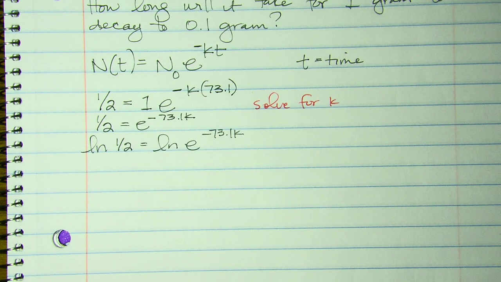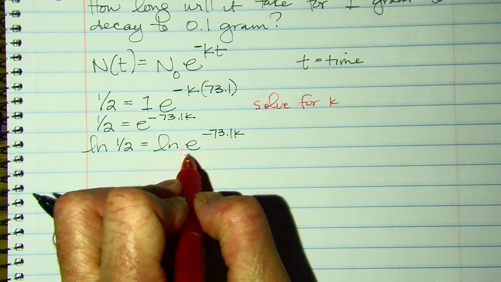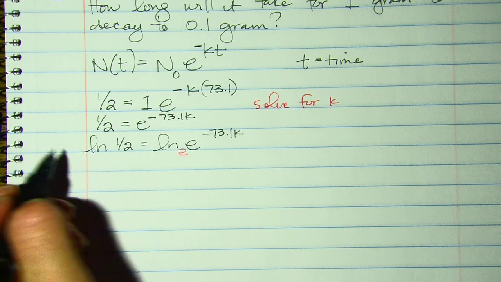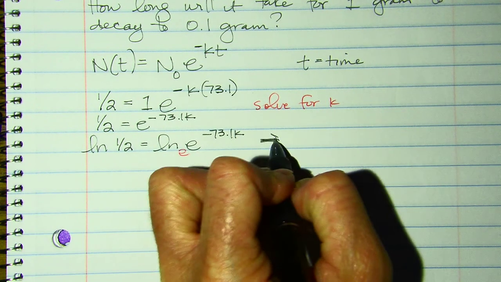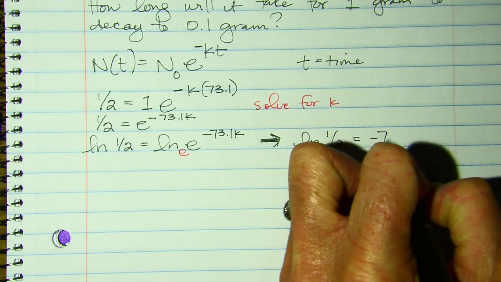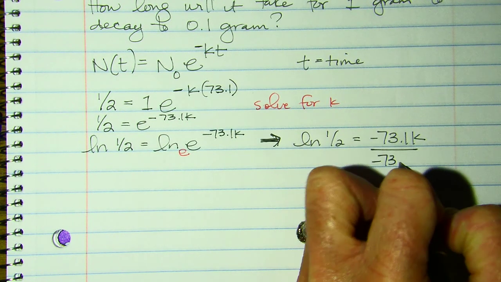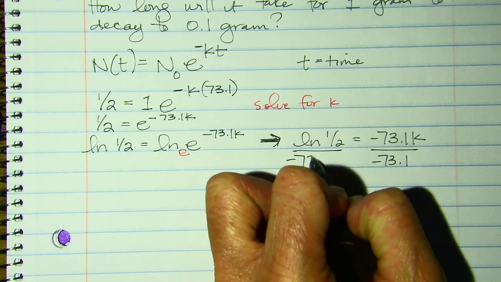Before I use my calculator, we can note that this is going to cancel. So the natural log of 1/2 equals negative 73.1 k, and I would divide by the negative 73.1 to solve for k.